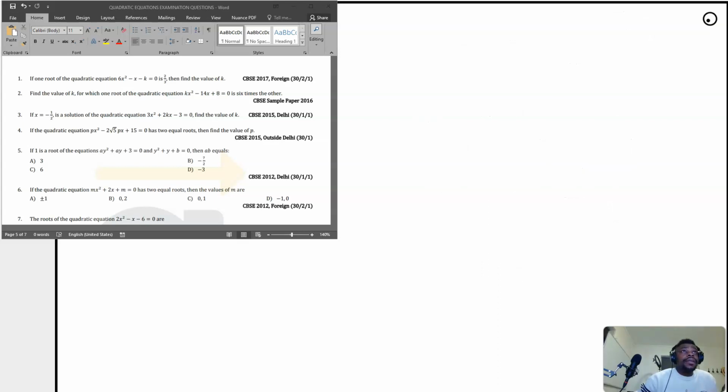Now the next question is, if the quadratic equation mx squared plus 2x plus m equals 0 has 2 equal roots, then the values of m are... It says it has 2 equal roots. That means the roots are equal. And for a quadratic equation to have 2 equal roots, it simply means b squared must be equal to 4ac. So let's get our a, b, and c here.